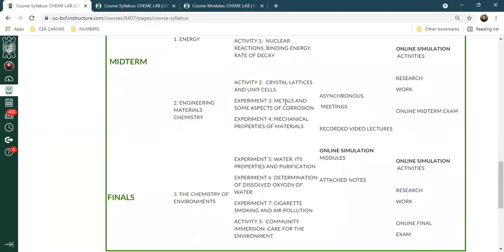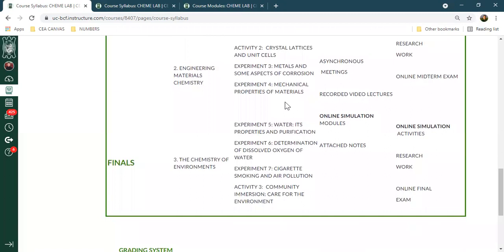Now let's proceed with the final term. The final term has only a single main module, but you're going to perform 4 activities, 3 experiments, and the third activity. The fifth experiment is all about water, its properties and purification.